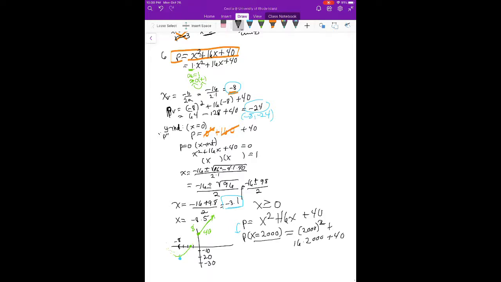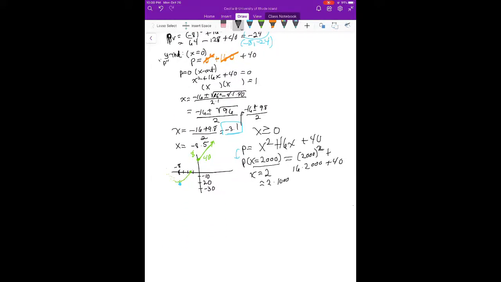If I went back and read this, it said the supply equation is given in units of thousands. So this should not have been in as 2,000. X should only equal 2 because it's in units of thousands, right? And 2 is 2 times 1,000. All right, so this is not accurate. Let's go back and do this right.